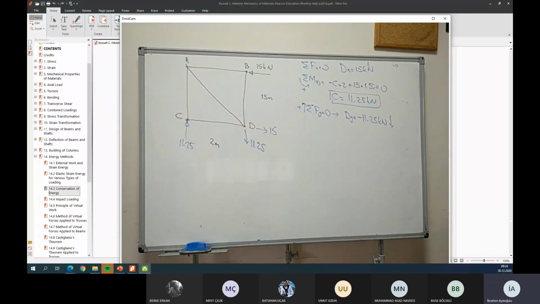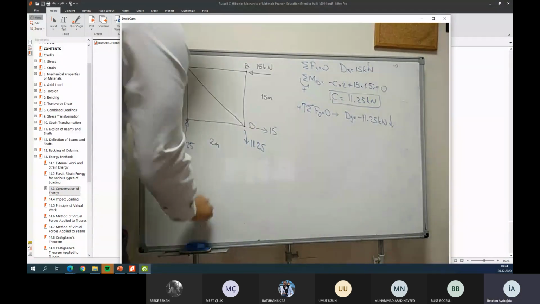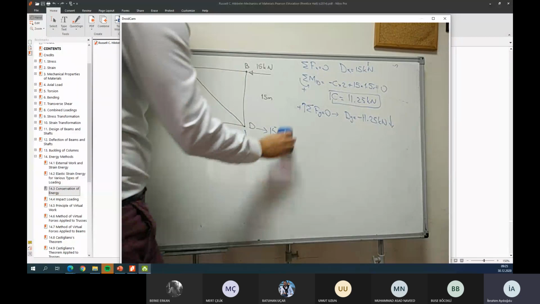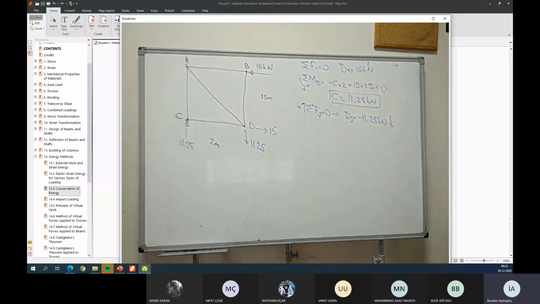Now I can pass to the member forces. First of all, I need to start with point B. I'm using the method of joints. Do you remember the method of joints? I think yes.